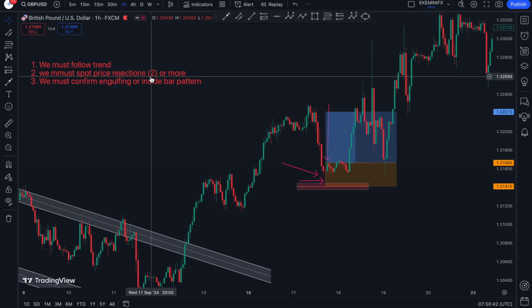These confluences are what we use to build our strategy. The way we trade is to build some rules that the market must show us. Whenever it shows us these rules, we are certain that at least 80% of the times that I have analyzed and backtested this market, if I spot these things, trust me, the market is likely to go that way because I have studied it.